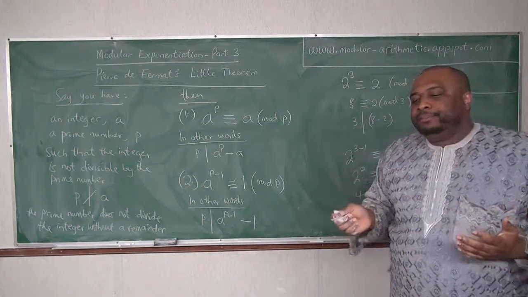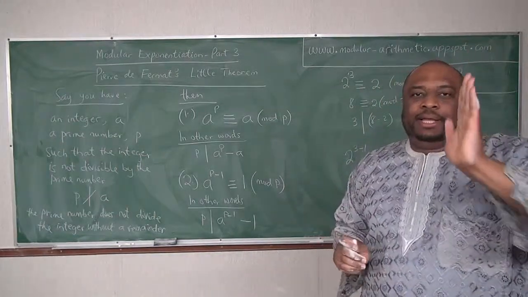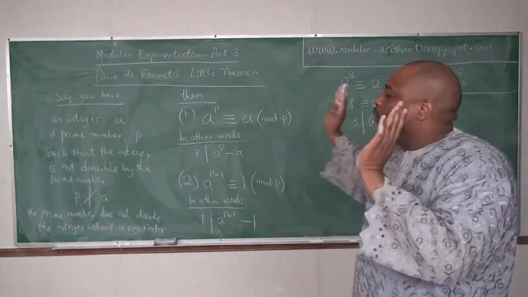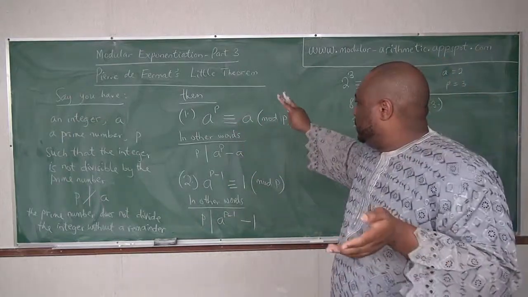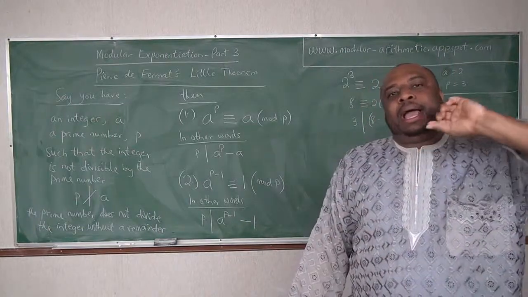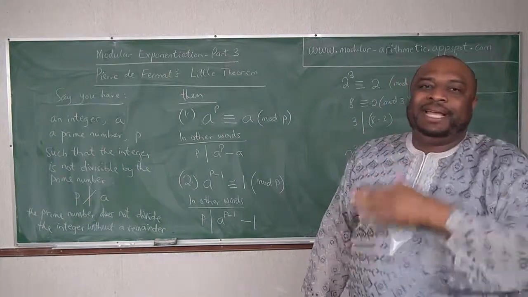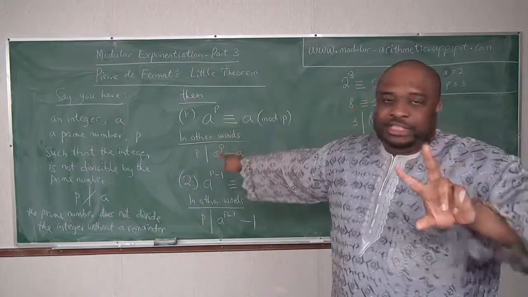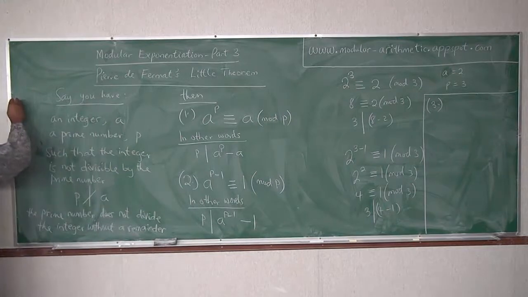Use this theorem if you're given, so you're going to notice here that for you to use this theorem, it has to satisfy these conditions. That P must be a prime number and that A is an integer not divisible by P. So P cannot divide A. Okay, so you see these are the conditions.